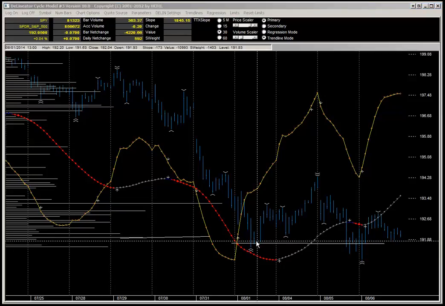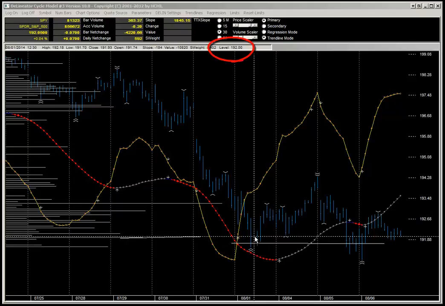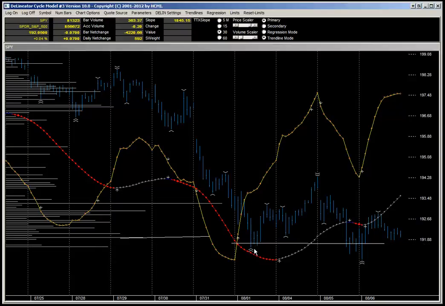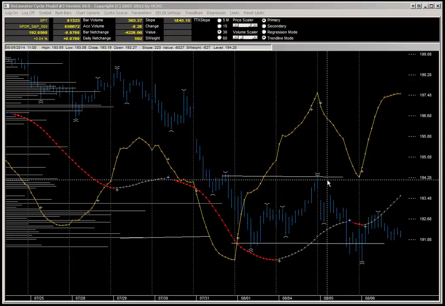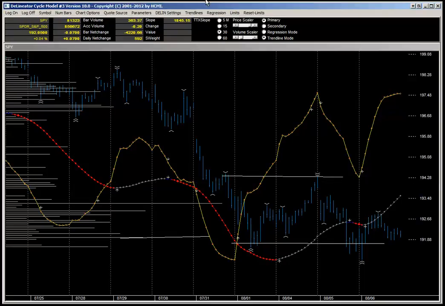So in this level here, which is about 191, here's 192, and this level down here is 191.70. Where you get these chevrons, those are the ranges and the support and resistance. Here's another one. We use at least the middle range of that last bar. So let's clear that last one here. There we go.